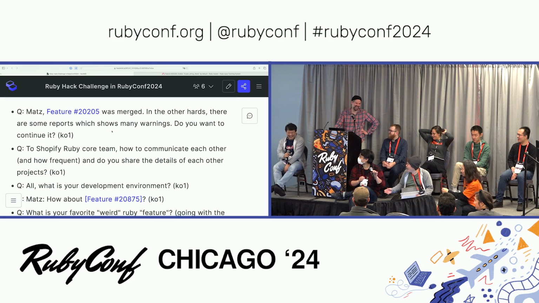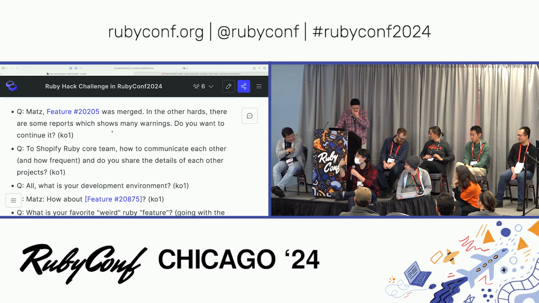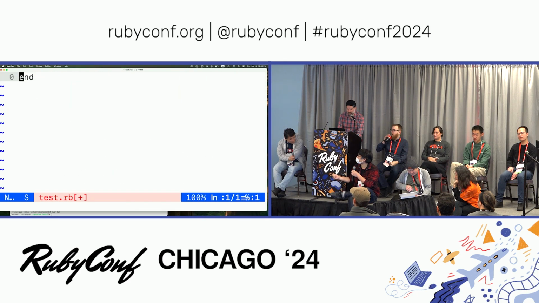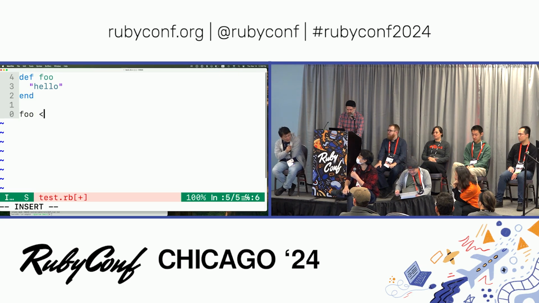Just now we have a warning for the modification to the literals, and there are some reports. There are so many warnings. So actually from actual applications, I'm not sure, but with this report, you don't change your mind just now? Not yet.